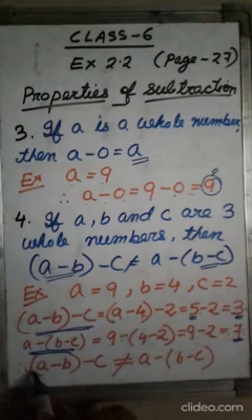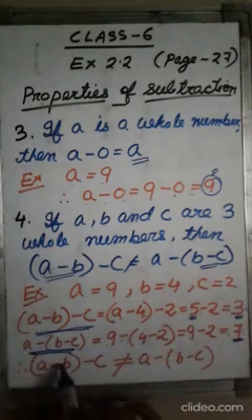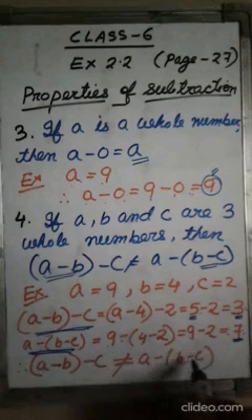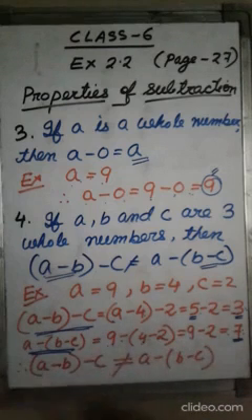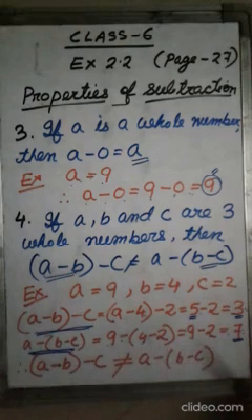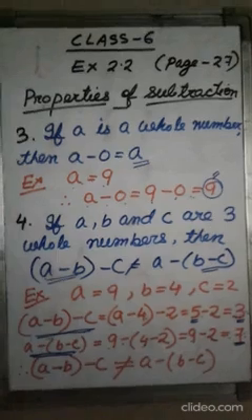Therefore, within bracket A minus B minus C is not equal to A minus within bracket B minus C. It means the associative property is not applicable in case of subtraction of whole numbers.